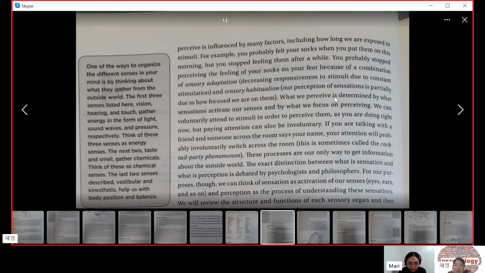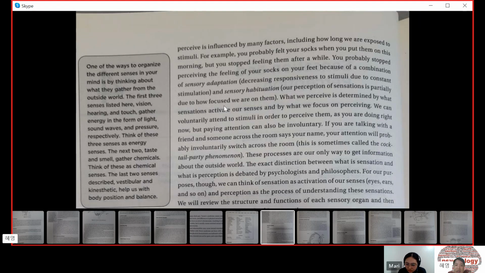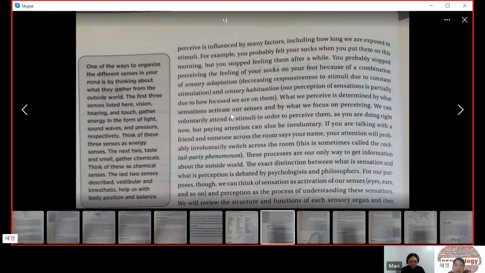What we perceive is determined by what sensations activate our senses and by what we focus on perceiving. We can voluntarily attend to stimuli in order to perceive them, as you are doing right now, but paying attention can also be involuntary.